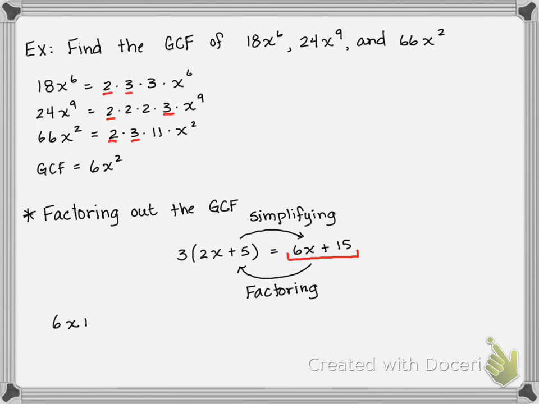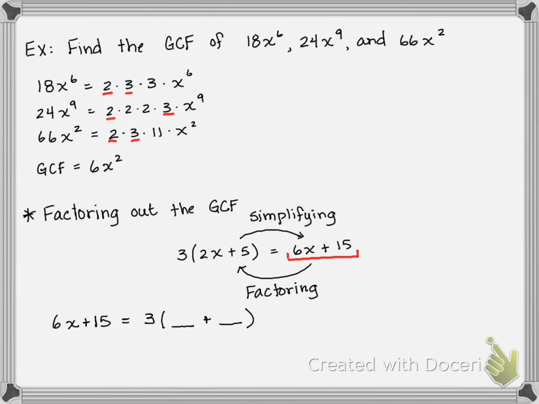I see that my GCF is 3, so that's the greatest common factor of my 2 terms. And then I know I'm going to have 2 terms with addition between them, because my original polynomial has 2 terms with addition between them.